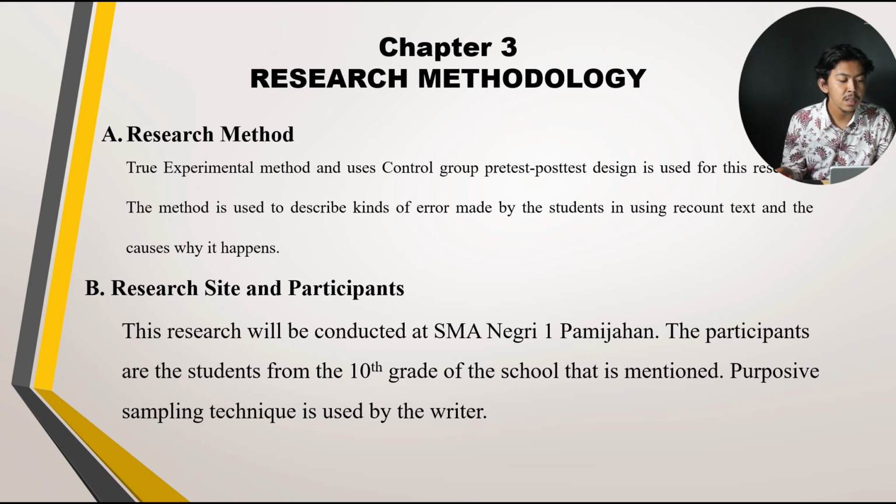And B, research site and participant. This research will be conducted at SMA Negeri 1 Pamijahan. The participants are students from the 10th grade of the school that is mentioned. Purposive sampling technique is used by the writer.